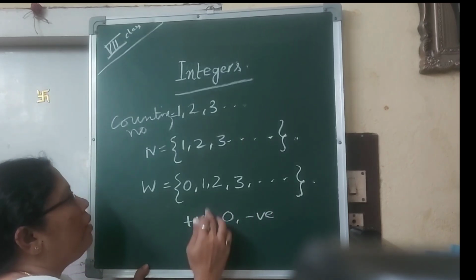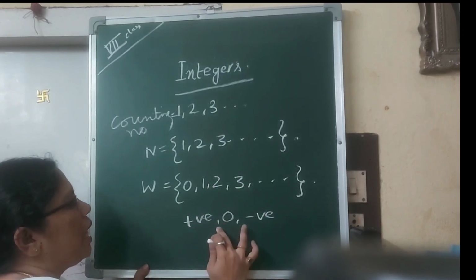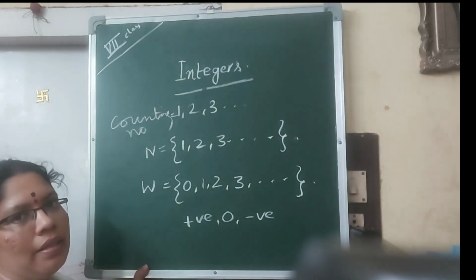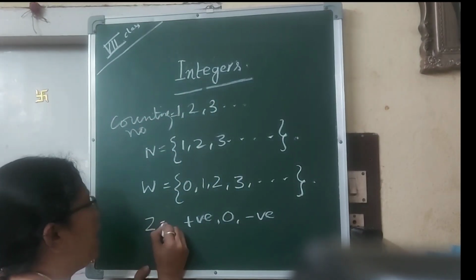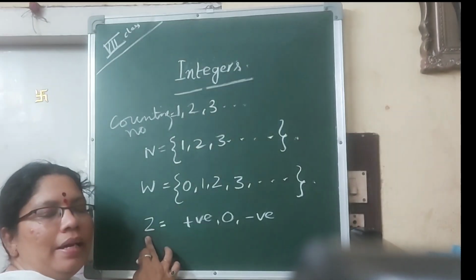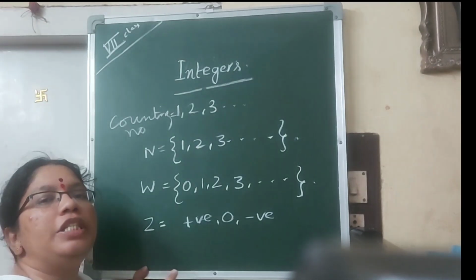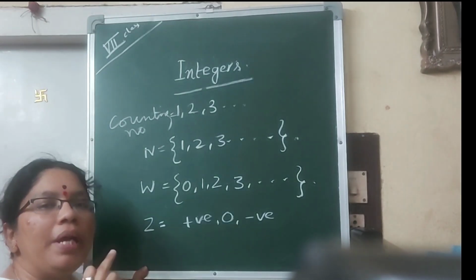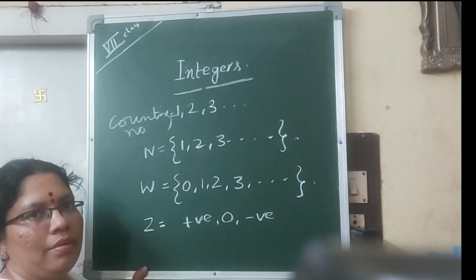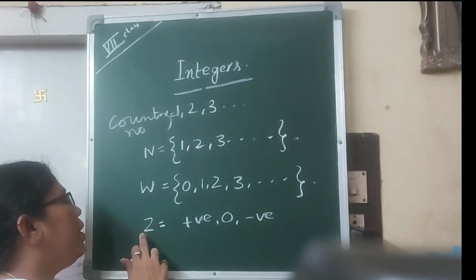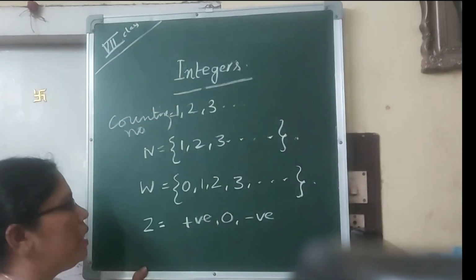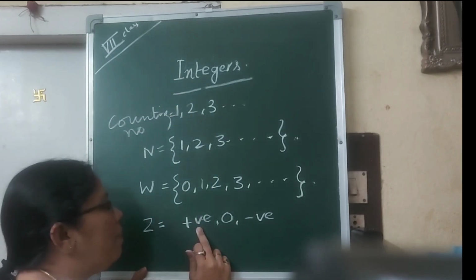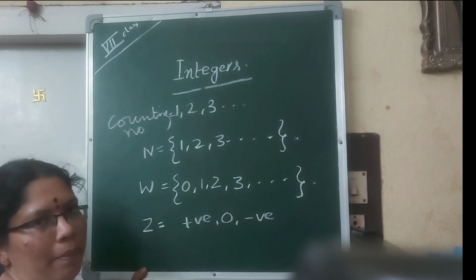How do we represent integers? Using the letter Z. What is Z? Z is from Zahlen in the German language, which means numbers. So we use the symbol Z to represent integers, which consist of positive numbers, 0 and negative numbers.